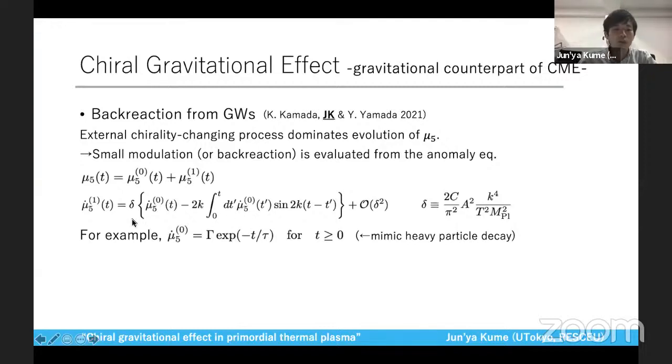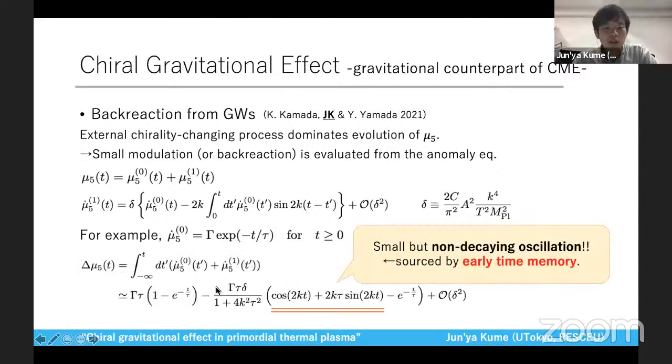All right, so let's consider some examples for this mu5,0. This mimics some heavy particle decay, like birefringence, and this results in this equation. Here, this is a dominant process coming from this term, but you can see some non-decaying oscillatory part.